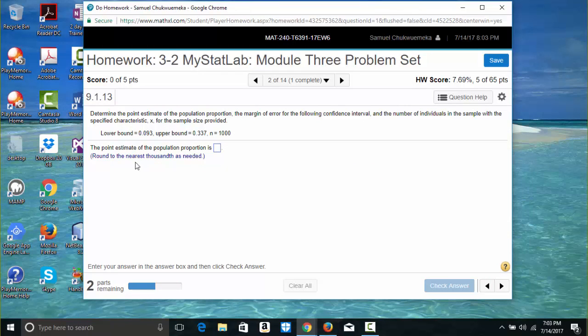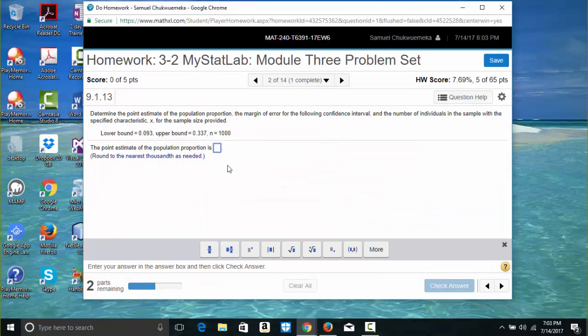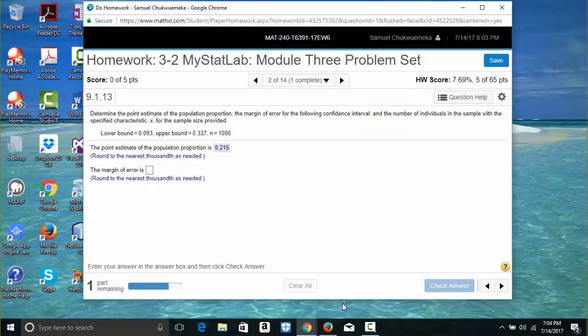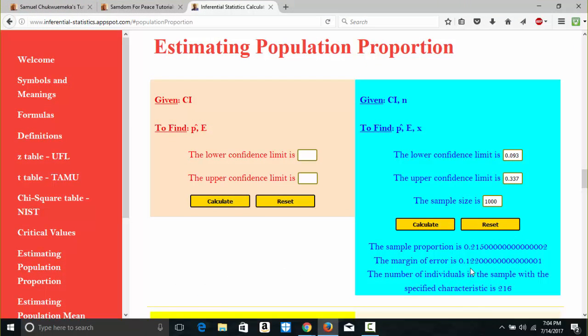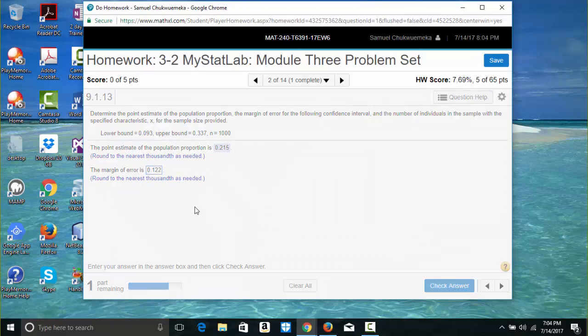So nearest 1000 means 3 decimal places. So this will be 0.215. You put 0.215. Then the margin of error is 0.122. You put 0.122.